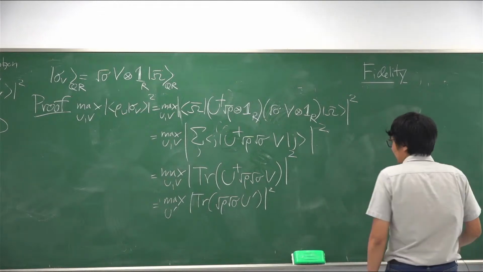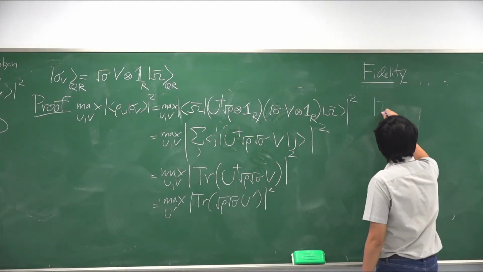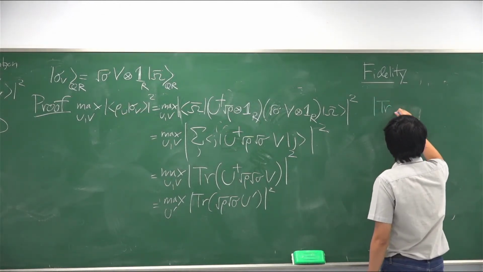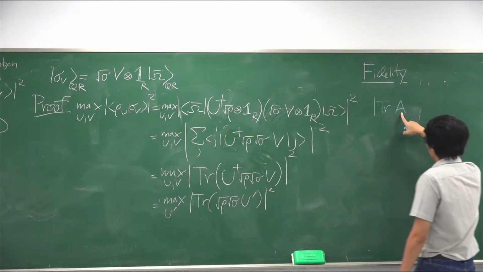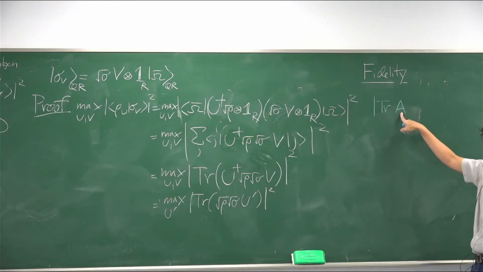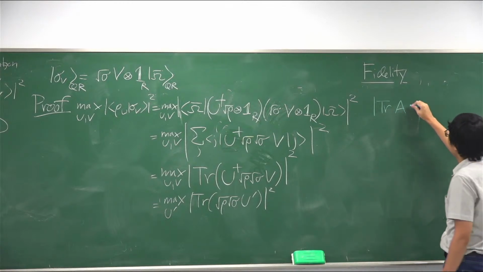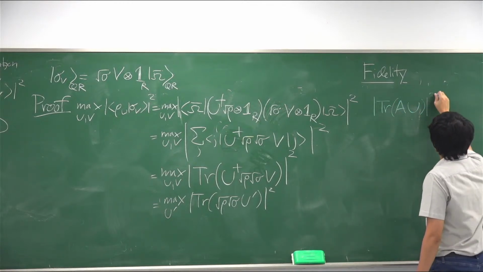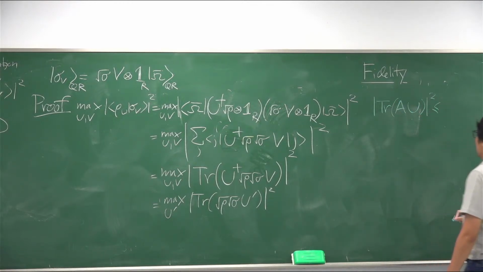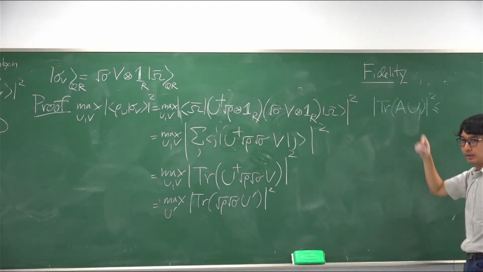Okay, so the thing that we are trying to think about is something like this. If I have a matrix that's not necessarily Hermitian, and I have a unitary, what could this be, or how could we maximize over this U?